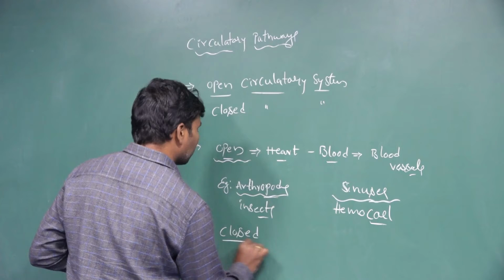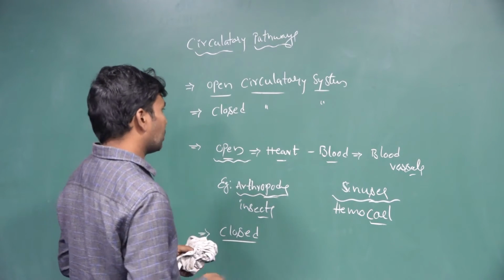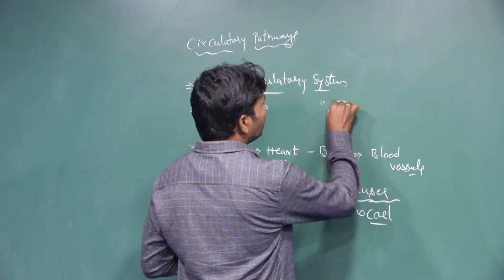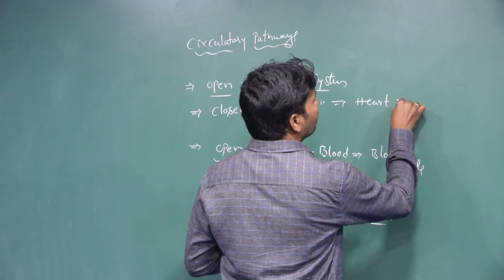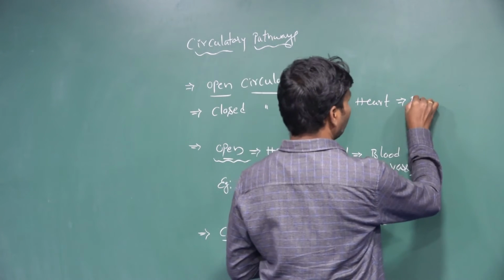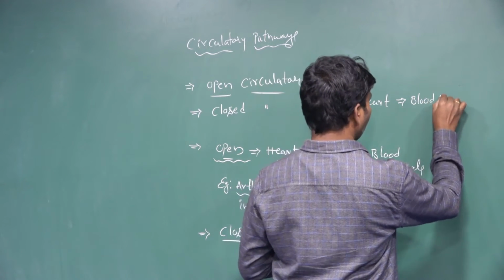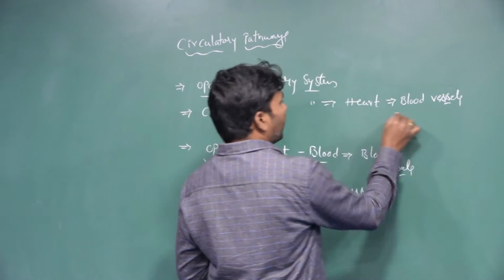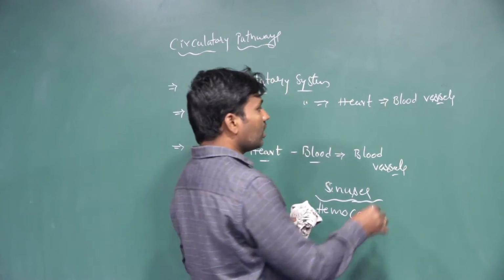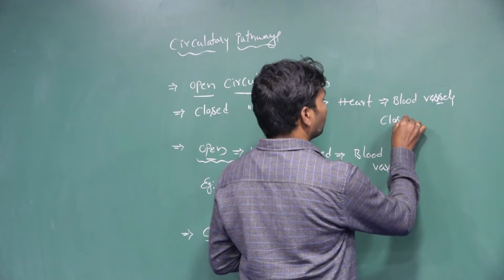Closed circulatory system. In the closed circulatory system, the heart pumps the blood through the blood vessels. The blood flows within closed blood vessels only.